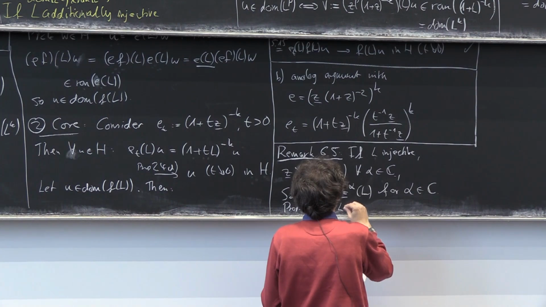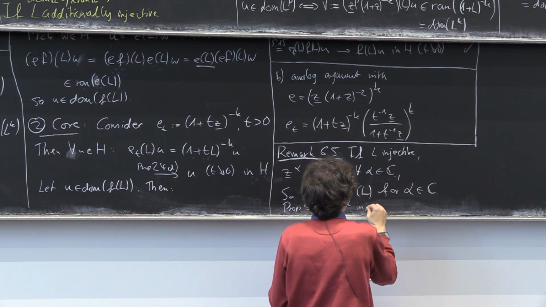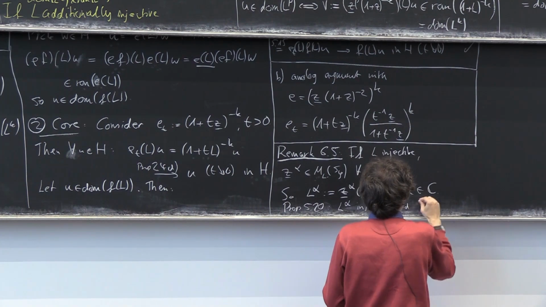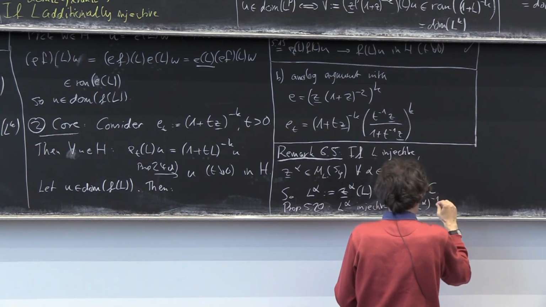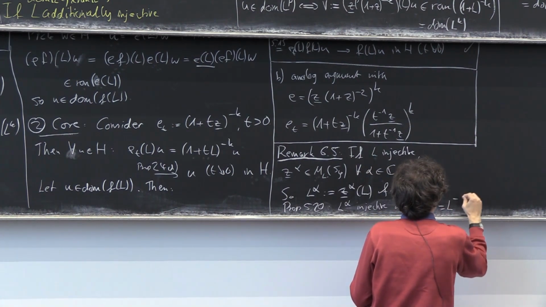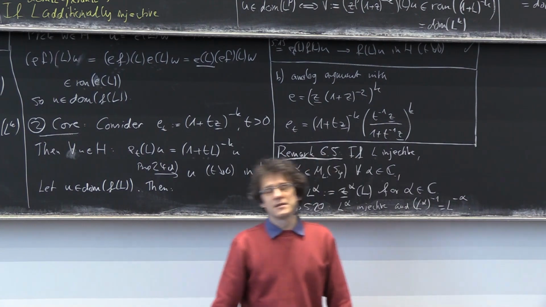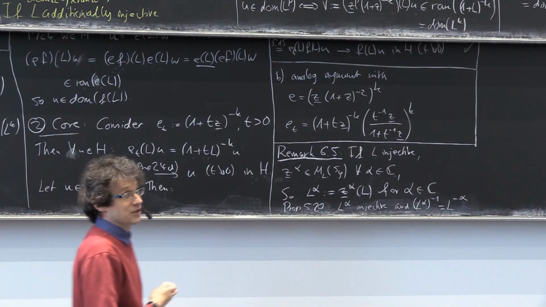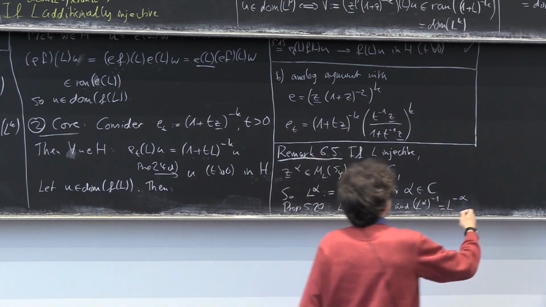It tells you that if L is injective, L to the alpha also is injective, and that L to the alpha to the minus 1 is just L to the minus alpha. So in the case of an injective operator L, you can calculate with the fractional powers as you are accustomed to, just like powers of functions or powers of z.